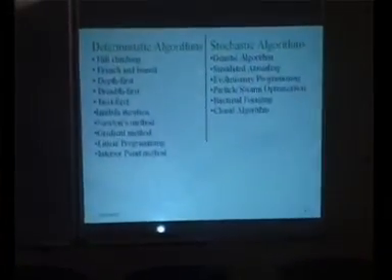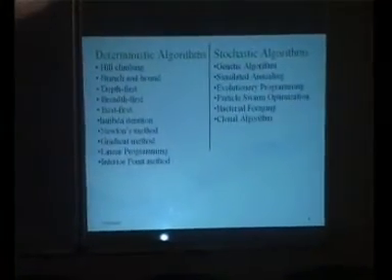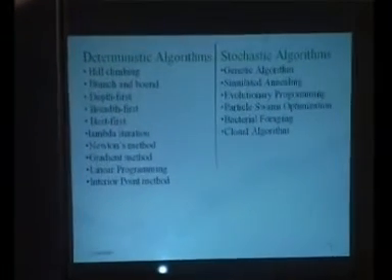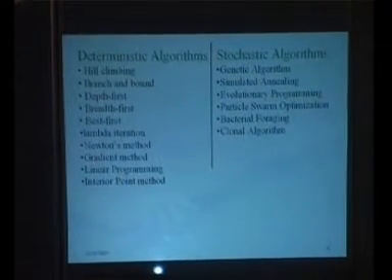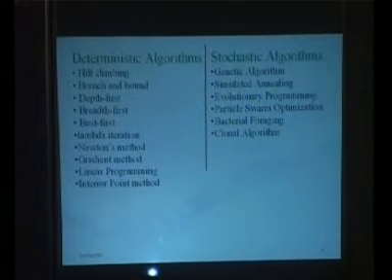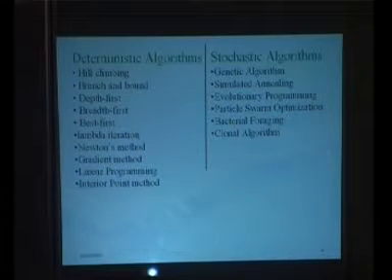There are also branch and bound methods, depth first, breadth first, best first, and the lambda iteration method. That means you have the initial value of the solution and go on incrementing the value. That is the iterative method. So iteratively you go on increasing the value of the solution till you get a global solution. These are the Newton method, gradient method, linear programming, interior point. So these are the deterministic computing methods.